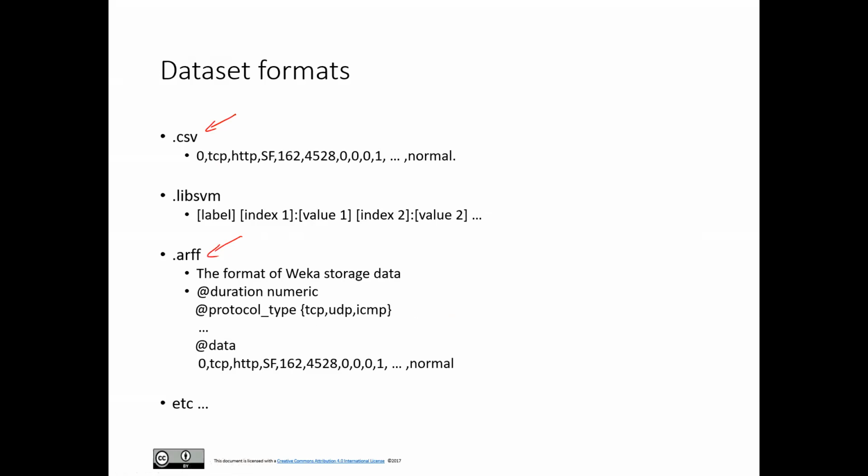ARFF is a little bit more complex, but it's the native Weka extension, so all Weka data files are ARFF. Sometimes when we have a .csv file, we're going to have to convert it into ARFF, but that's easily done in Weka itself. Weka has a lot of functionality for that, and we will see.